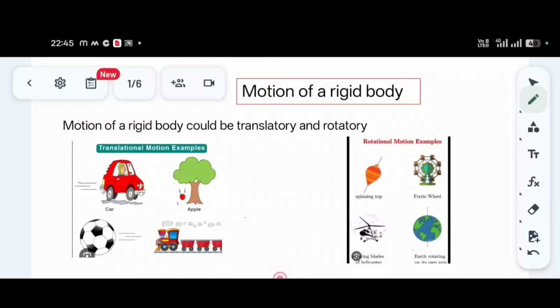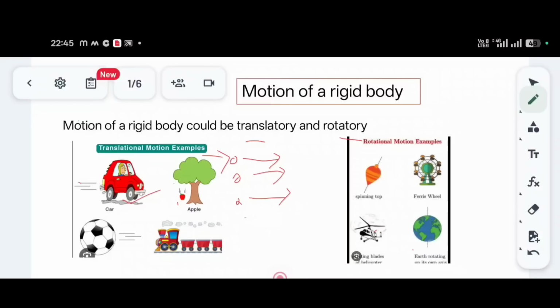Always the rigid body will have a translatory motion and a rotatory motion. Let us see what is the translatory motion. Translatory motion is the motion in which all the particles in the body move in the same direction, in a particular direction, when an external force is applied on the body. Here you can see the car is moving in a direction.